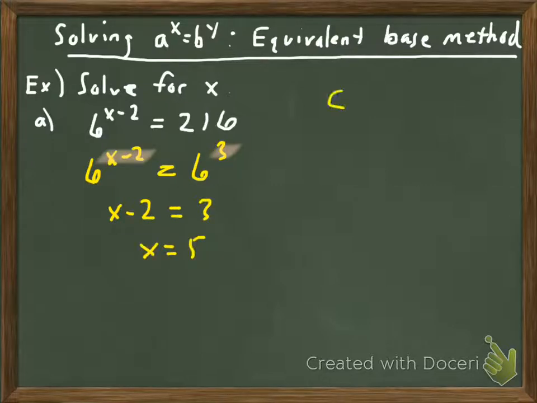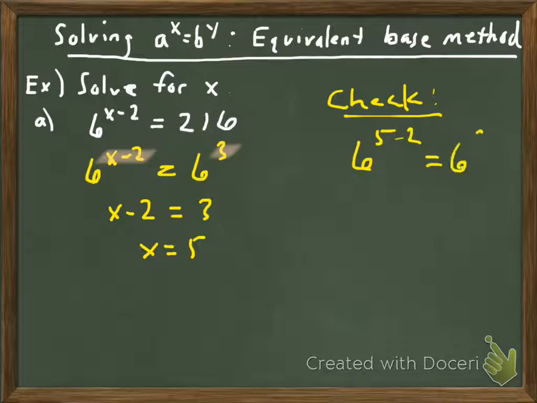Then you can check, you don't necessarily have to every time, although it's always a good idea. 6 to the 5 minus 2 power equals 6 to the third power, which equals 216. There we go, real simple.